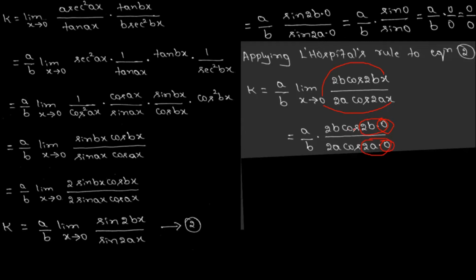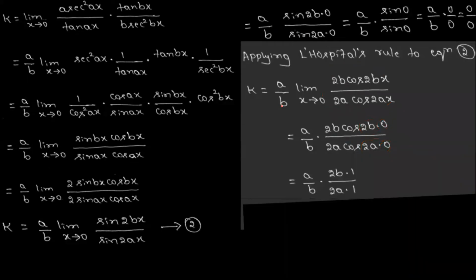And also we know cos 0 is 1. In the denominator as well, cos 0 is 1. Yes, we have written cos 0 value is 1 and cos 0 value is 1.